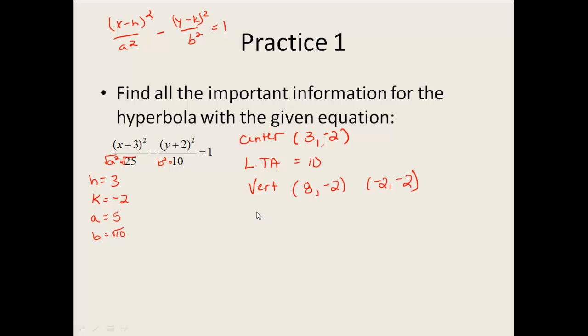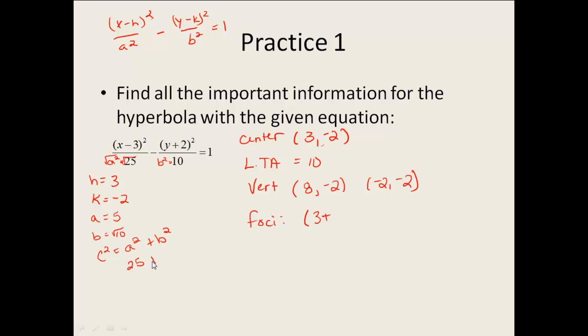And our foci. Our foci are at h plus c, so I have to take 3 plus, well, I haven't found my c yet, but I know that c squared is equal to a squared plus b squared.